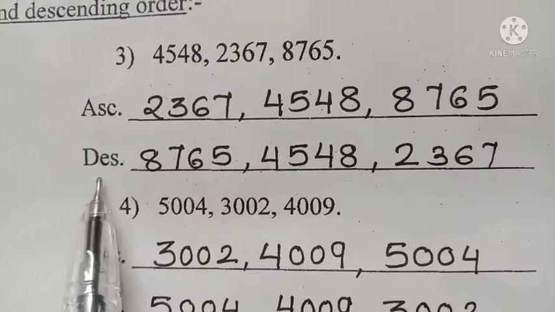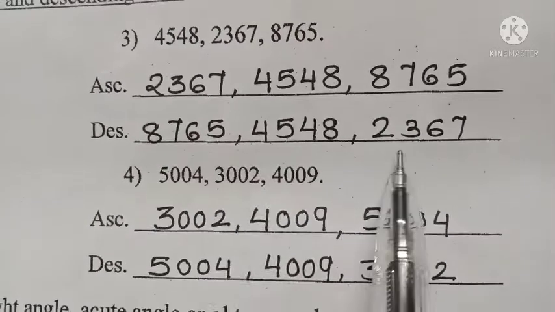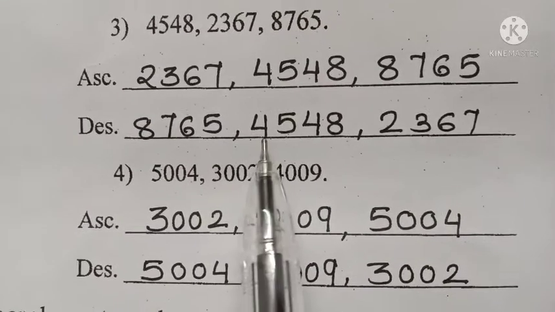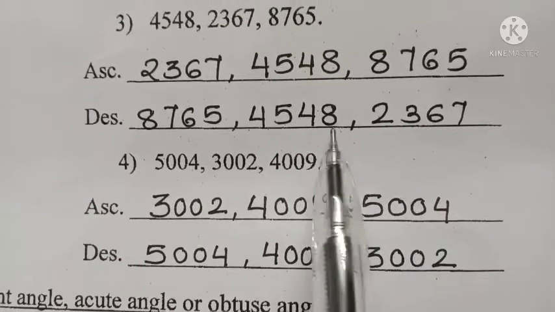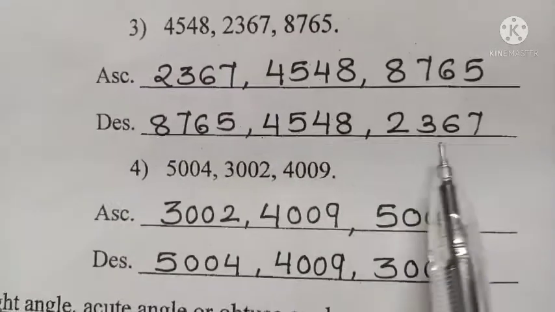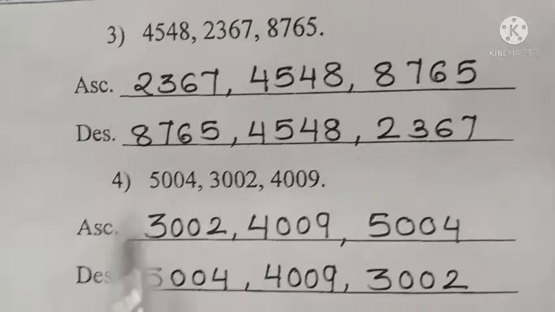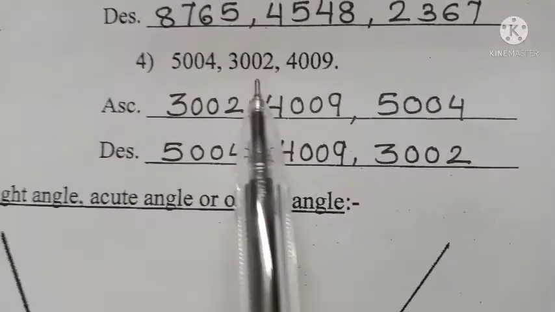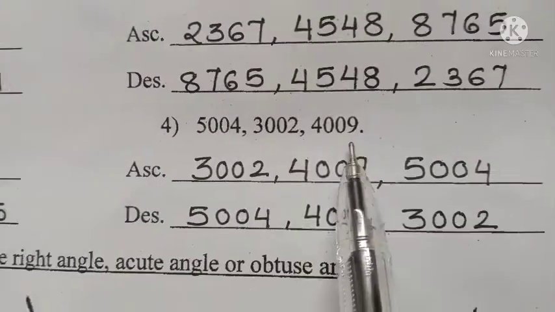And in descending order we'll write the number from bigger to smaller. So bigger number is 8765, after that 4548 will come and the smaller number is 2367.